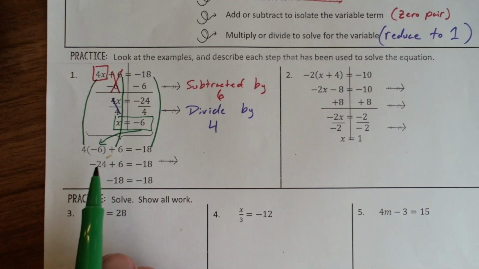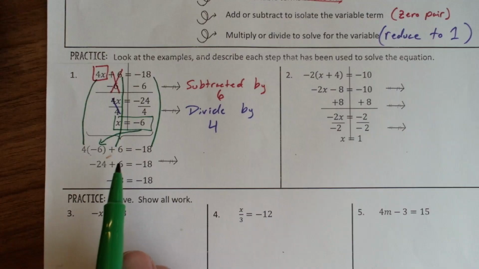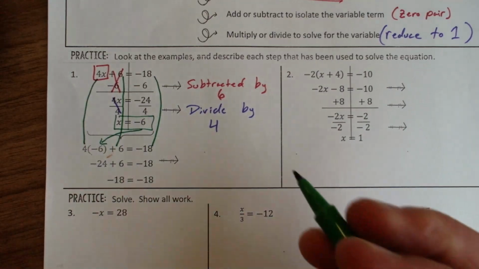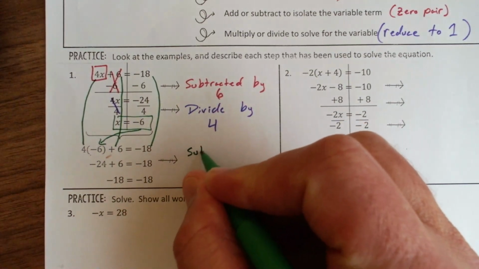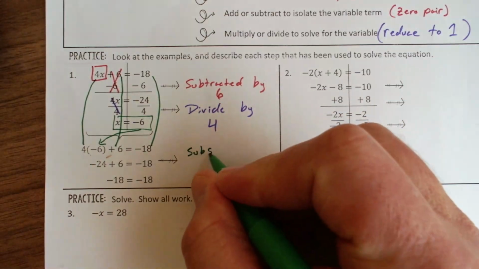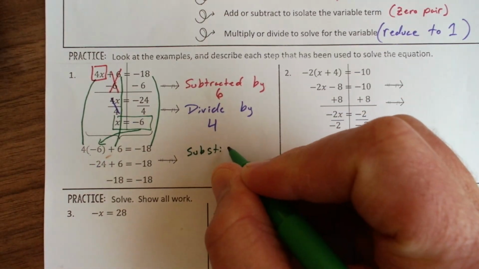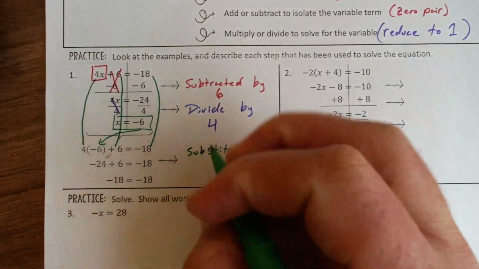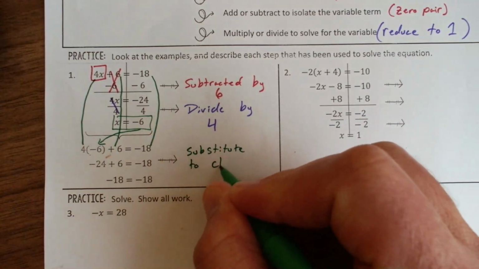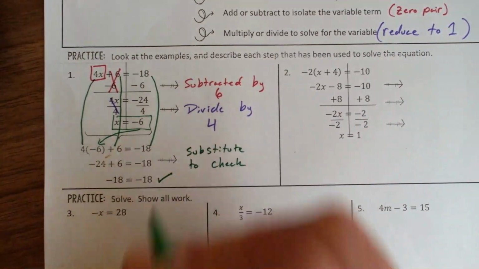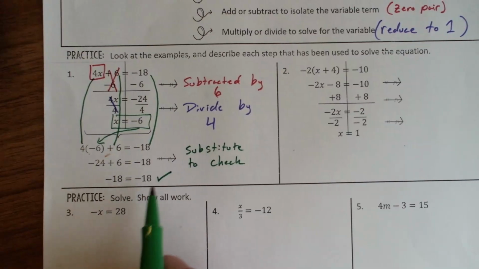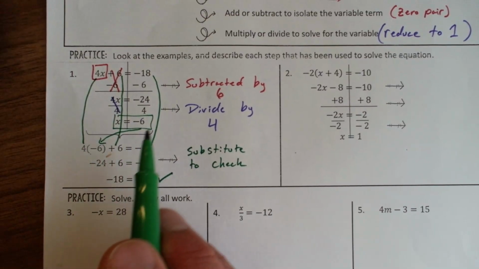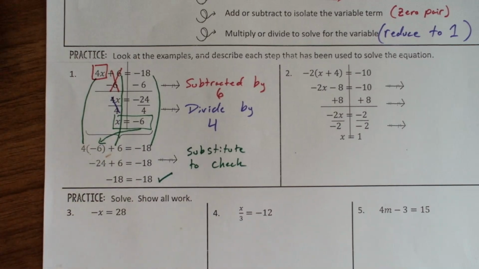Positive times a negative is a negative. Negative 24 plus 6 is negative 18. So yeah, this is our check. So we substitute to check. This is correct. So because this is true and this is correct, we have our correct answer. Our answer is negative 6.